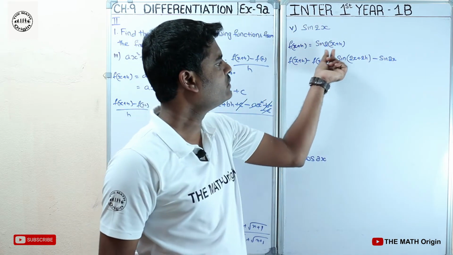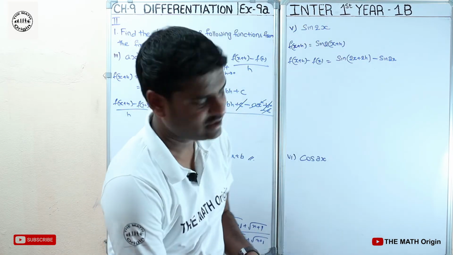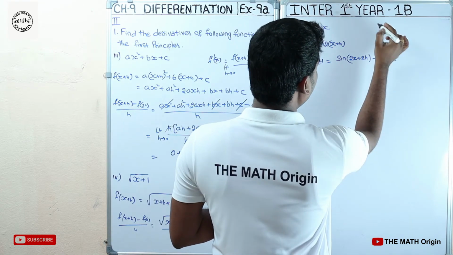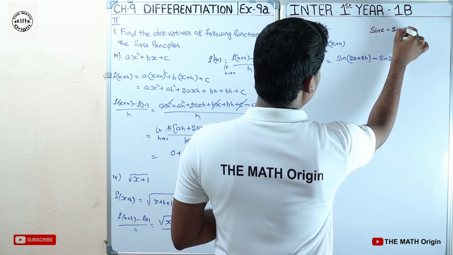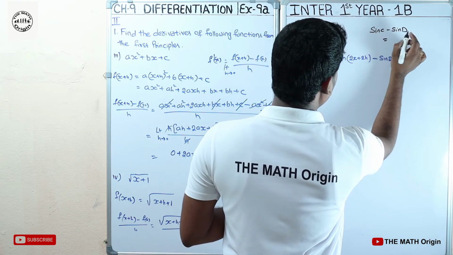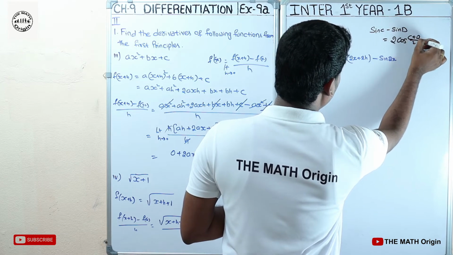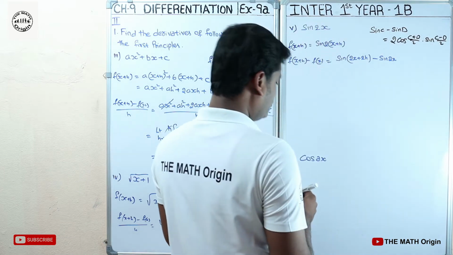Now if you see, this is in the form of sin C minus sin D. Okay, we have the formula 2 cos ((C plus D) by 2) into sin ((C minus D) by 2).